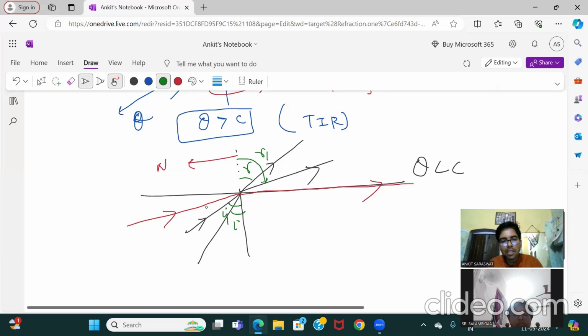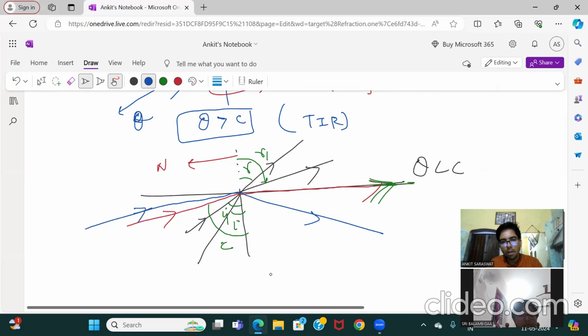But at this angle of incidence, which is C, the refracted ray goes parallel to the boundary. Did you see? So if you again increase the angle of incidence, then it is coming back to the same medium. This is known as TIR.